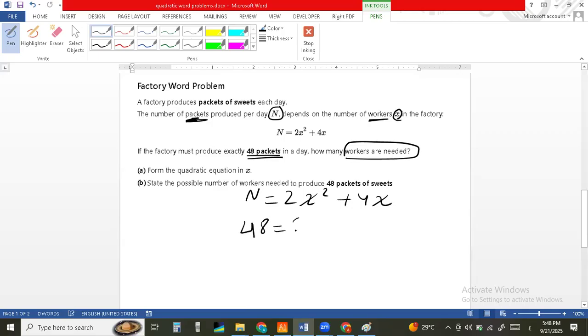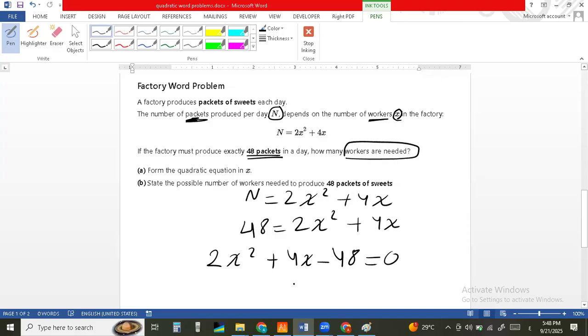This is the question. Let's do it. I'm going to take the 48 to the other side with negative. Let's rewrite this: 2x² plus 4x minus 48 equals 0. Where are we supposed to write equals 0? It doesn't matter which side.